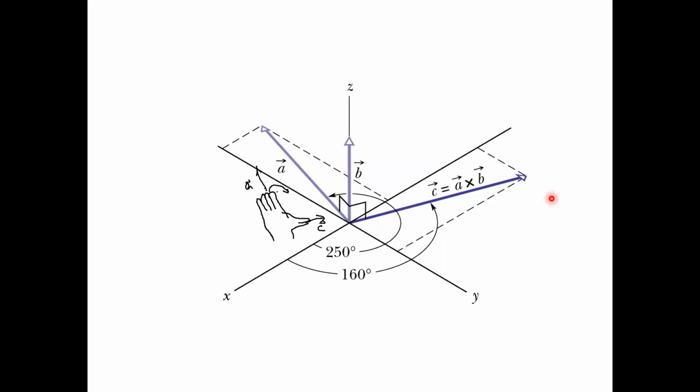A cross B, you point your fingers towards A and roll it up towards B, and your thumb is pointing along this axis. And this is called C equal to A cross B. Now, because A and B are perpendicular to each other, according to the picture, the magnitude of C is the magnitude of A times the magnitude of B. If it's not perpendicular, the magnitude of A and B will be multiplied by the sine of this angle.